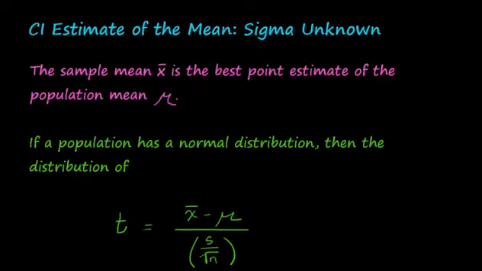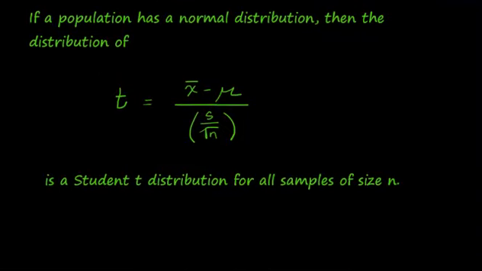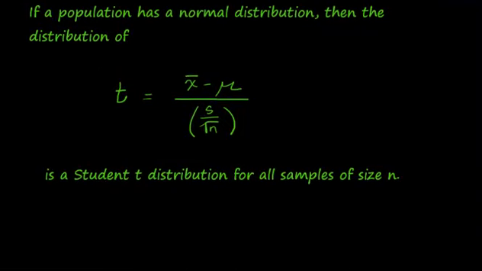If a population has a normal distribution, then the distribution given by this formula is a student t-distribution for all samples of size n. So look at the formula here. It looks very similar to the z calculation, x minus mu over sigma over the square root of n.